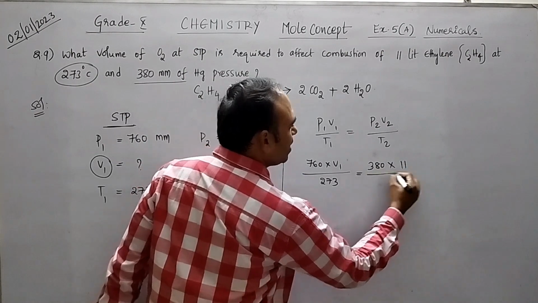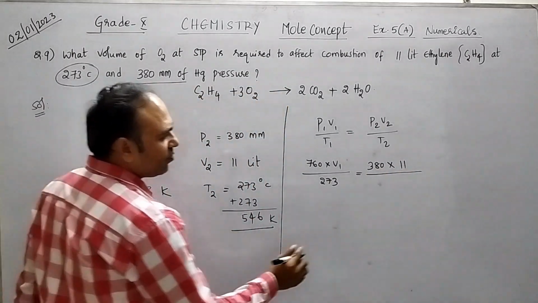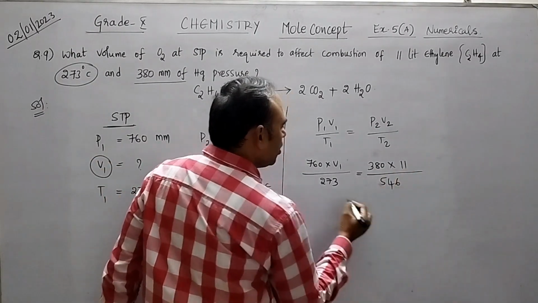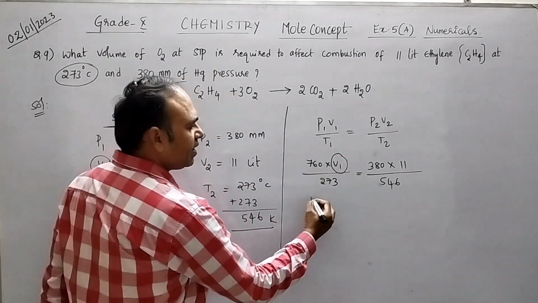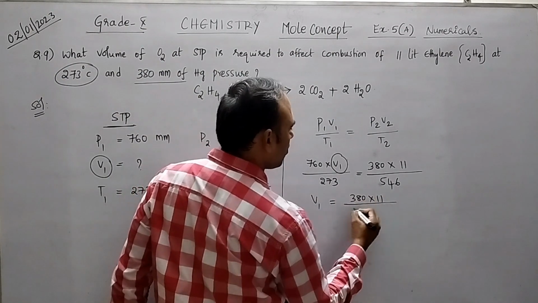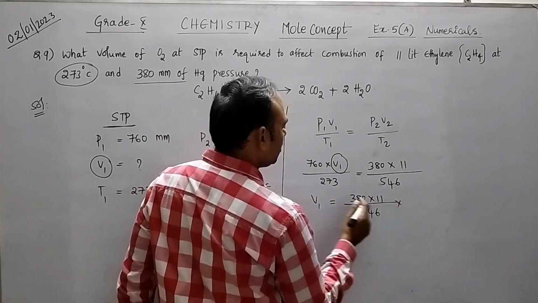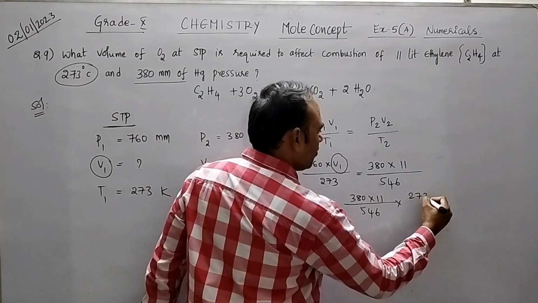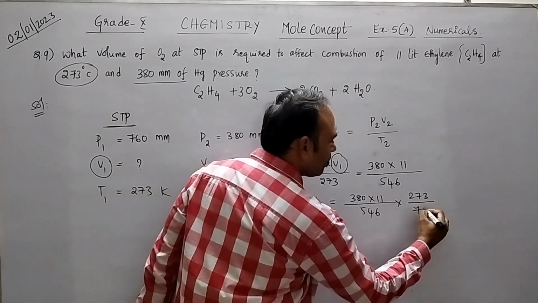Volume is 11 liters. What is the temperature? 546. To calculate this, send this to the other side. V1 is equal to 380 into 11 by 546 into, this gets inverted, 273 by 760.